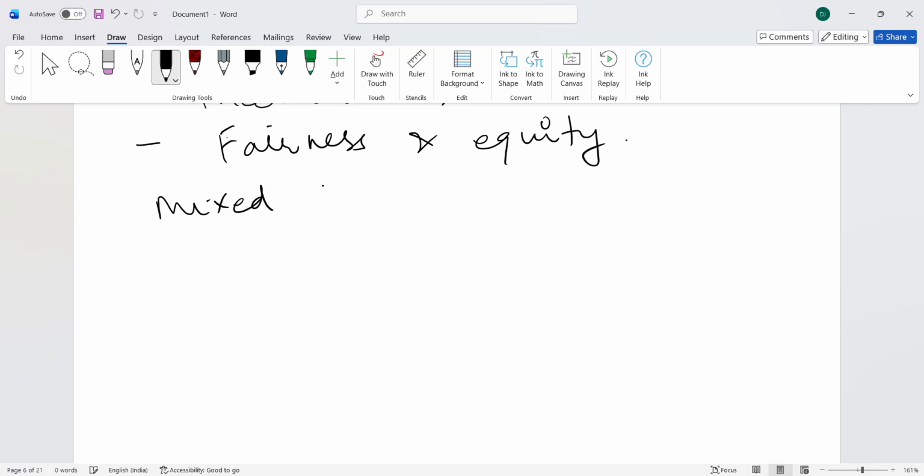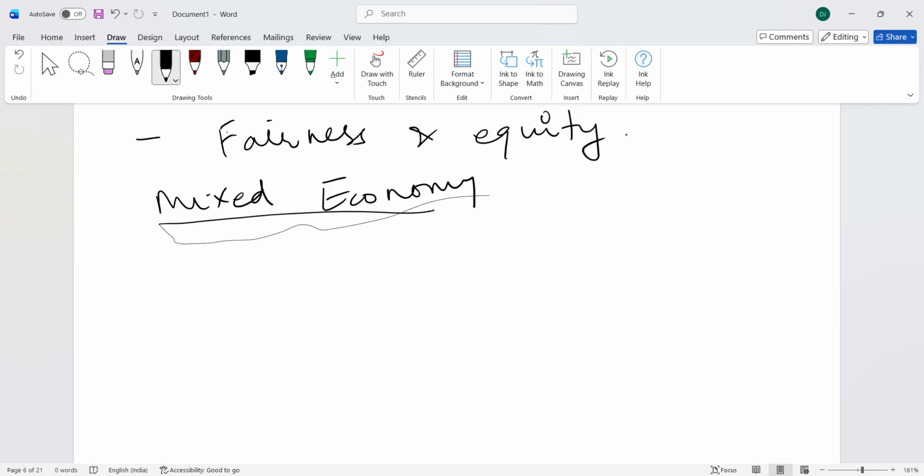Then we have something which we call a mixed economy. Mixed economy has tried to take the advantages of both kinds of economy, the command economy as well as the market economy. A very close example of a mixed economy that I can think of is India.